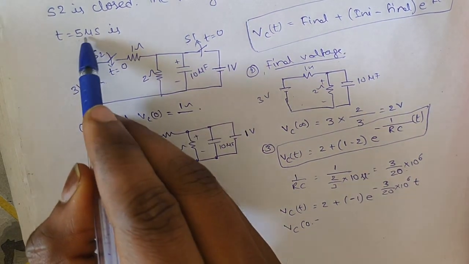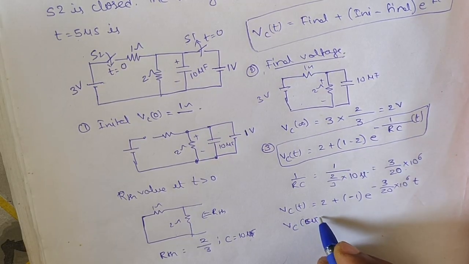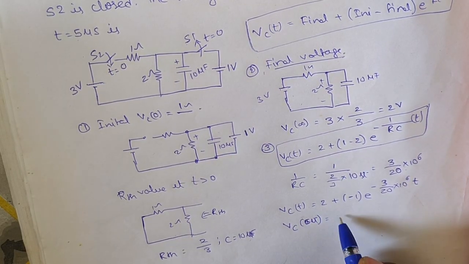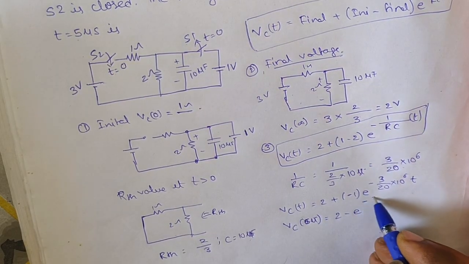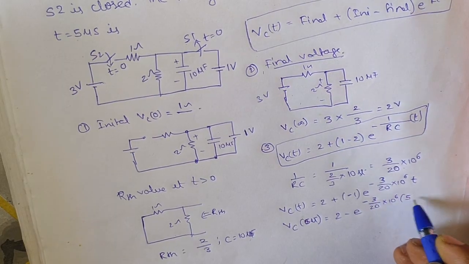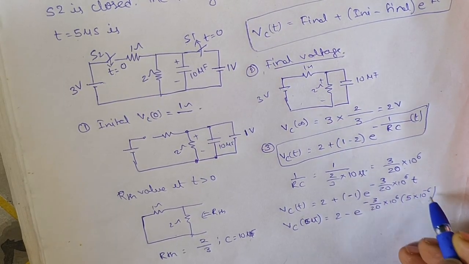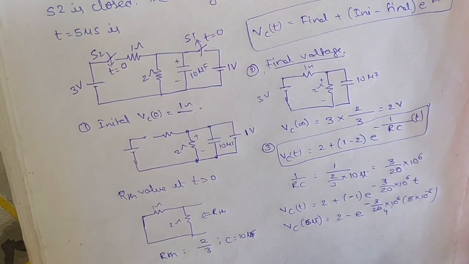They asked at 5 microseconds. So Vc of 5 micro is equal to 2 minus e power minus 3 by 20 into 10 to the power of 6 into 5 into 10 to the power of minus 6. The 10 to the power of 6 and 10 to the power of minus 6 cancel out. 5 ones, 5 fours.